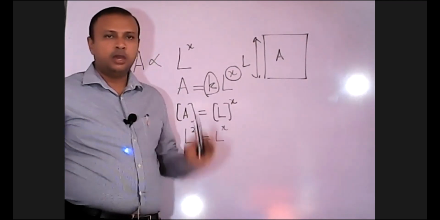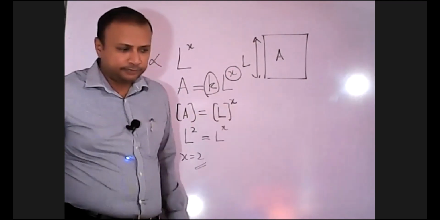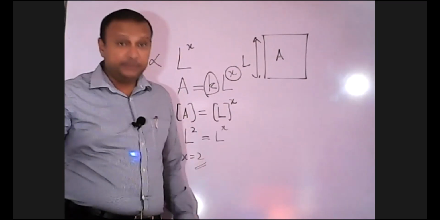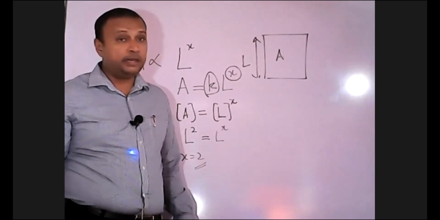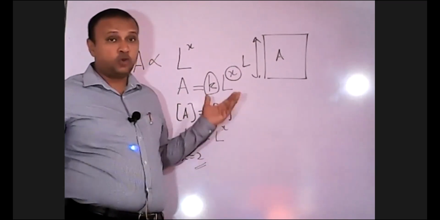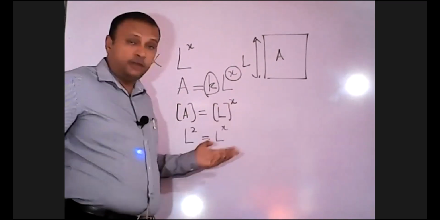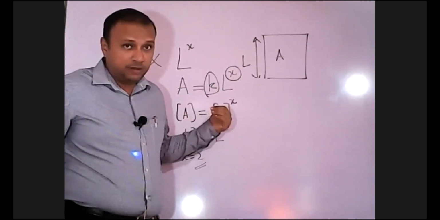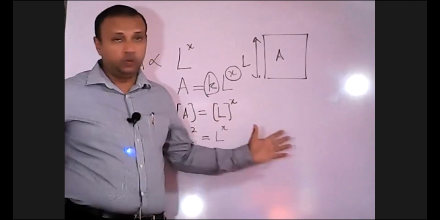Okay. So does K have a dimension? No. That is a limitation of this dimensional analysis. There are so many limitations, and one of those limitations is that one. K should not have a dimension, otherwise we cannot do that.